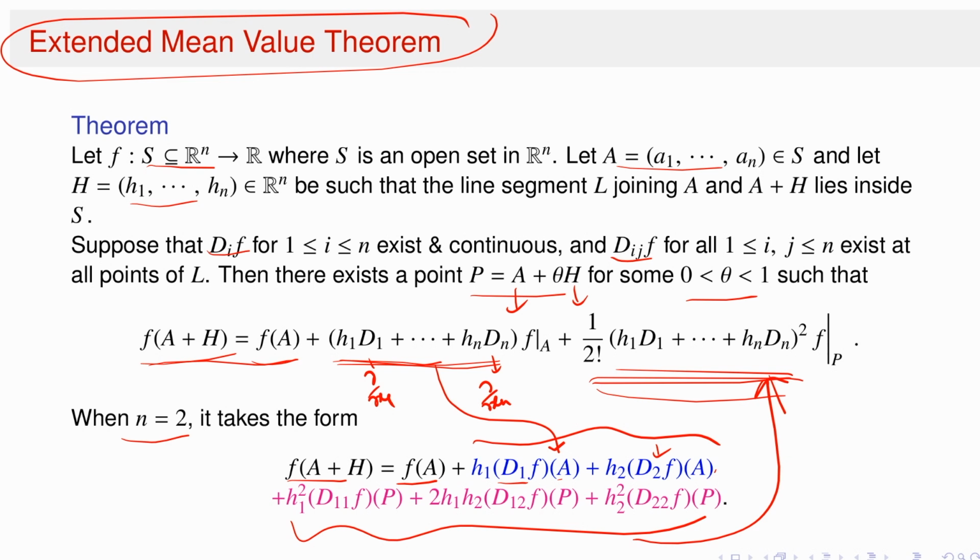Now, how many second order partial derivatives will we have in the context of n is equal to 2? I will have 4 second order partial derivatives. What are they? They are del 2f del x square, del 2f del y square, then del 2f del x del y and del 2f del y del x, right.